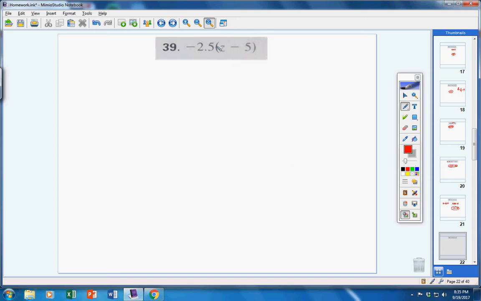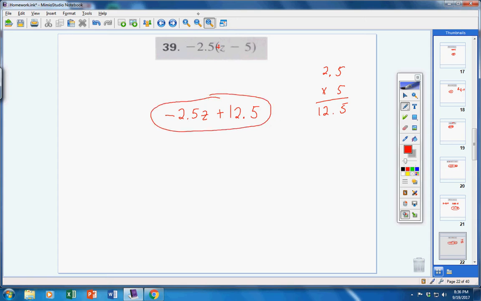A negative times a positive is negative. 2.5 times z is 2.5z. A negative times a negative is positive. And 2.5 times 5 is 12.5. Okay?